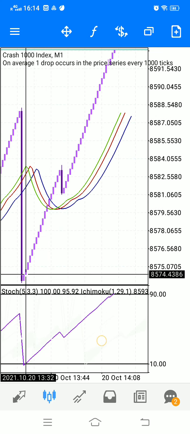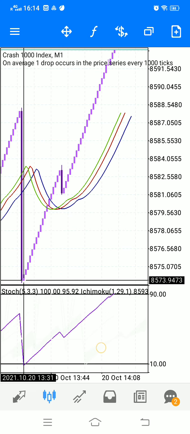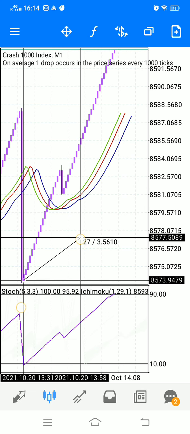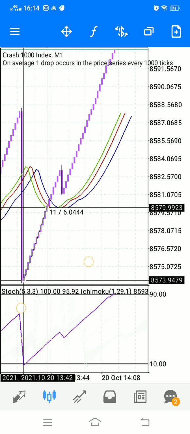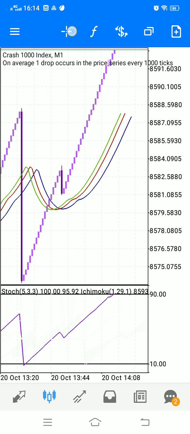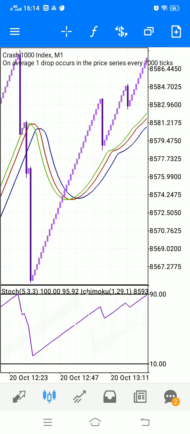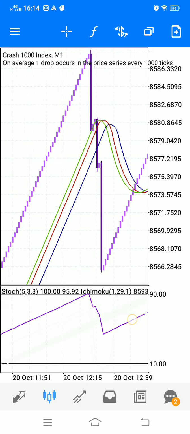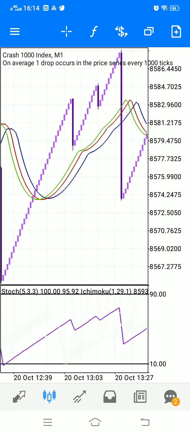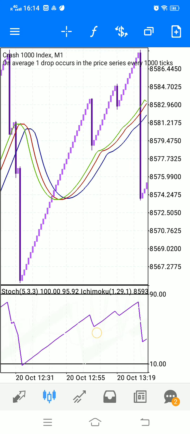Okay, so from here, there you would have entered, there you would have closed. That's 11 candles you would have bagged. It's all about patience. So this would have been an entry here as well, right?